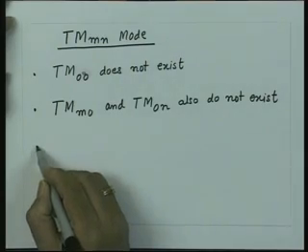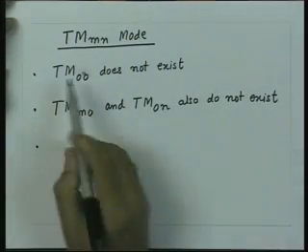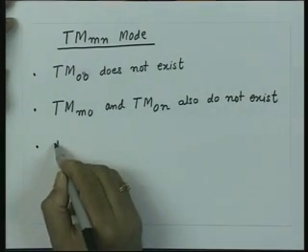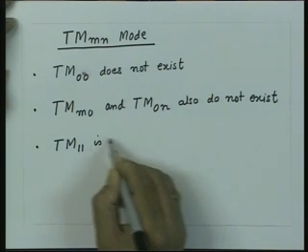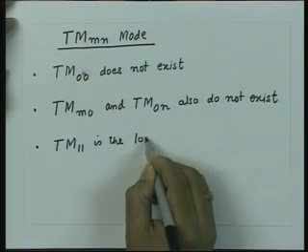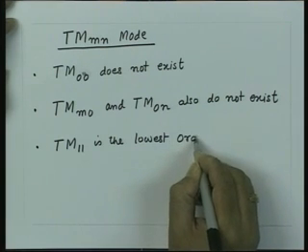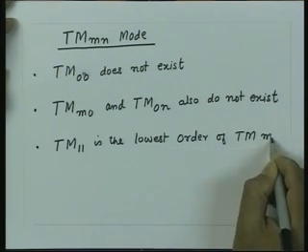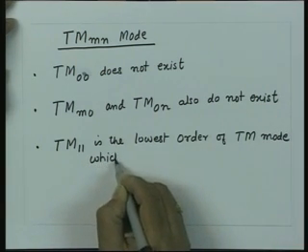So, the lowest mode which can exist, the lowest index, that is when both these indices are non-zero, that means TM 11 is the lowest order of TM mode which can exist on the waveguide.